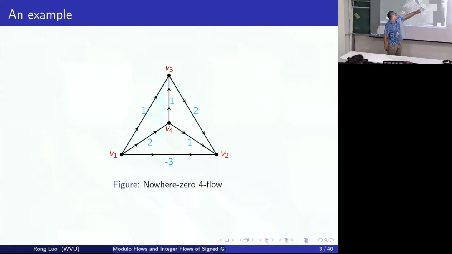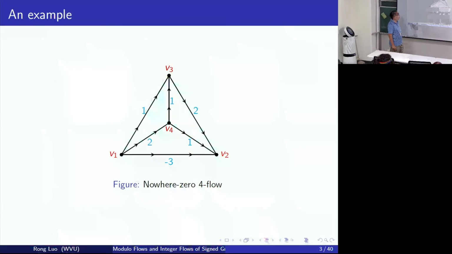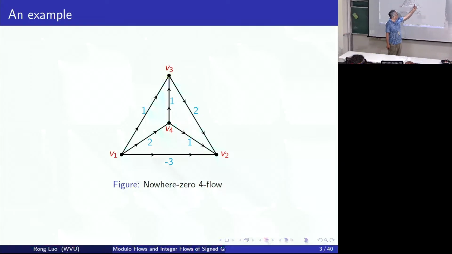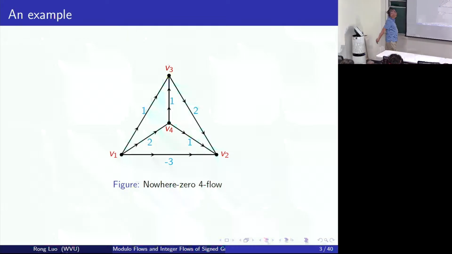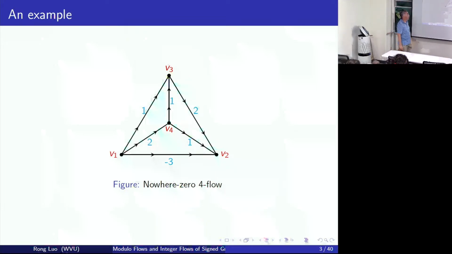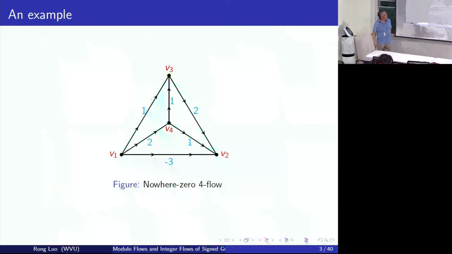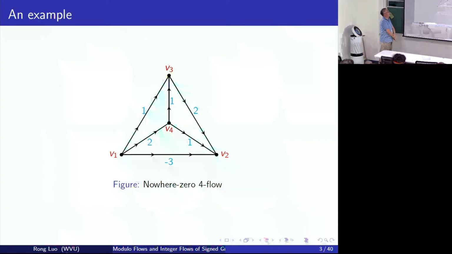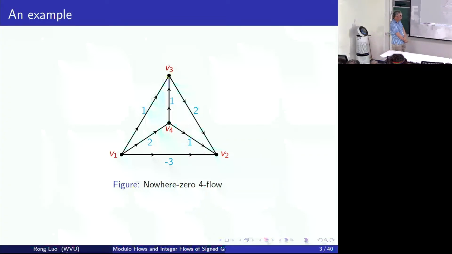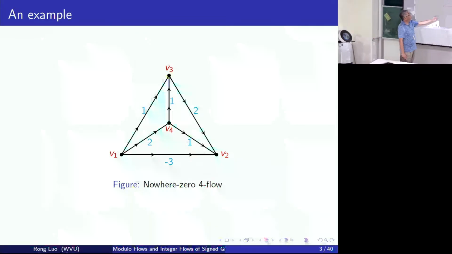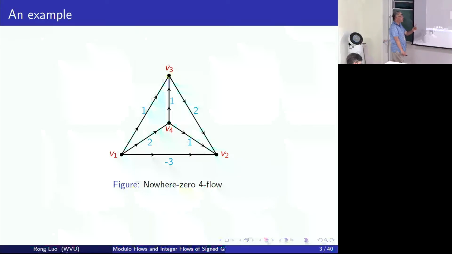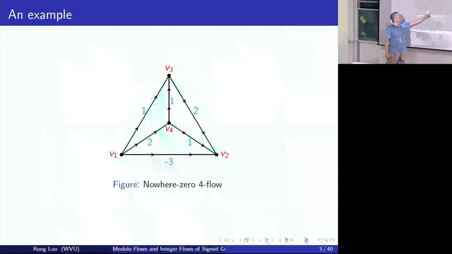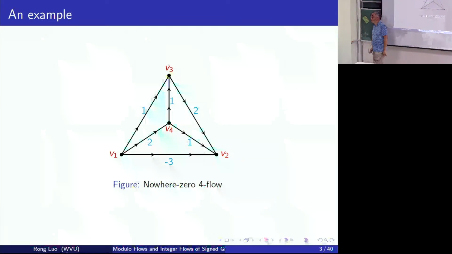Look at v2: all three edges are oriented in, so the total inflow is -3 plus 1 plus 2, which is 0, and there is no edge oriented out, so the outflow is 0. So inflow equals outflow. You can check v1 and v3 too, and inflow equals outflow. No edge has 0 weight, so it is a nowhere-zero flow, and the maximum absolute value of the weight is 3, which is 4 minus 1. So this is a nowhere-zero 4-flow.